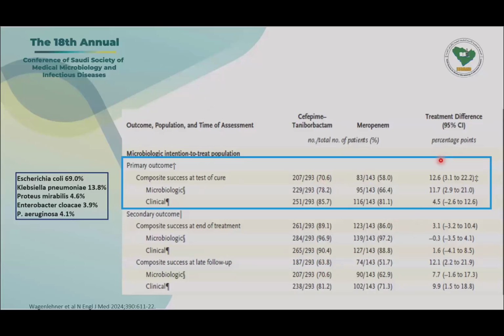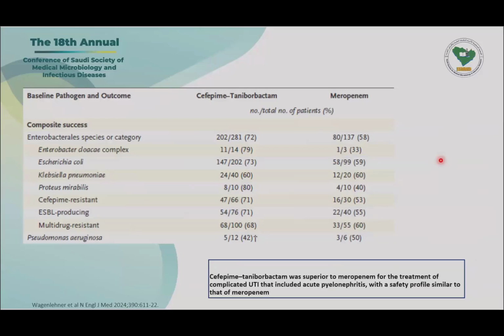However, it's quite clear that the composite outcome numerically was much higher in the group who received cefepime-taniborbactam. I wanted to highlight that in terms of microbiology success, in most of these pathogens, cefepime-taniborbactam outperformed meropenem, with a much higher success rate.